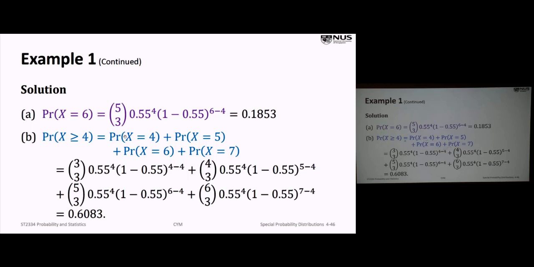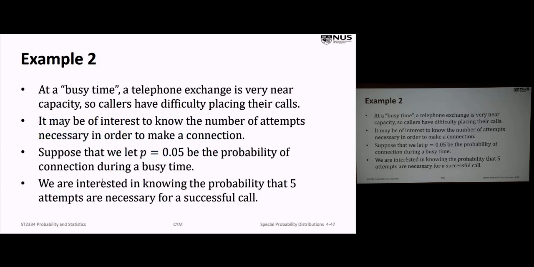So you're just substituting X equal to 4 into a negative binomial with k equal to 4 and p equal to 0.55, then X equal to 5 with k equal to 4 and 0.55, and so on and so forth. So you can see the formula. We're just substituting numbers into the formula, and if you do that, apparently the answer is 0.6083. I suppose you could use this model for other things rather than analytics.